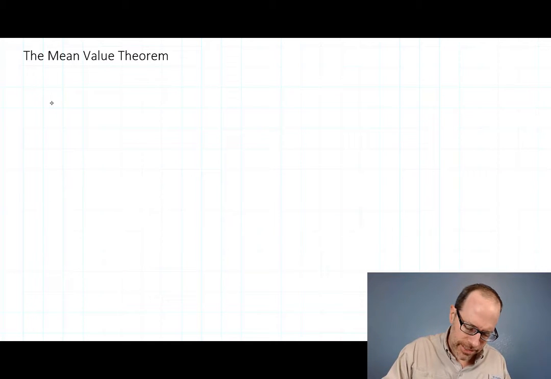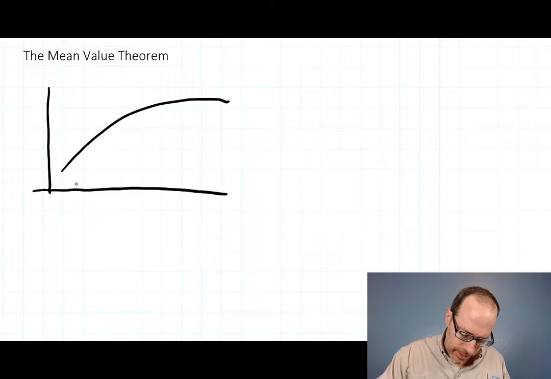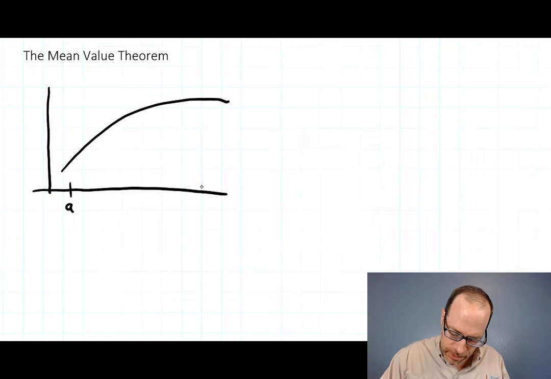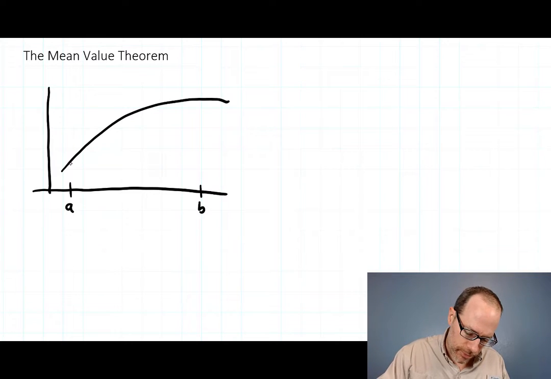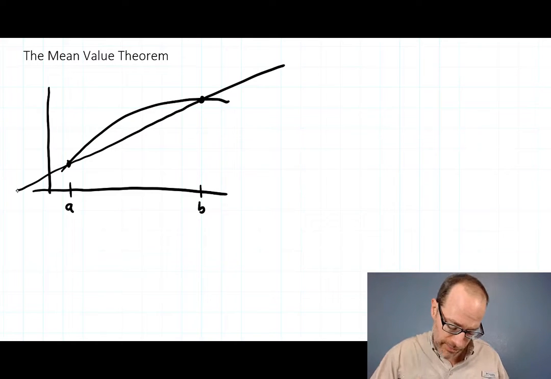So the setup is this. Suppose you've got a function f, and it's continuous on some closed interval a to b, differentiable on the open interval. Well, you could draw this secant line here connecting the 2 points where a and b hit the graph.